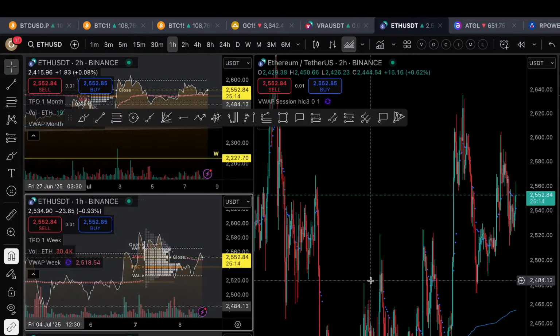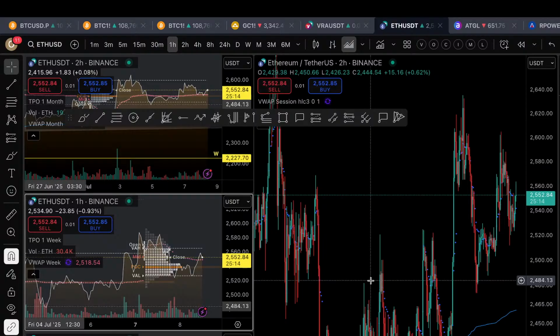EQ is at, where is it at? 10444. Let's say 10444. Cool. EQ 10445. That's our EQ. I'm gonna delete this so that we have it marked.